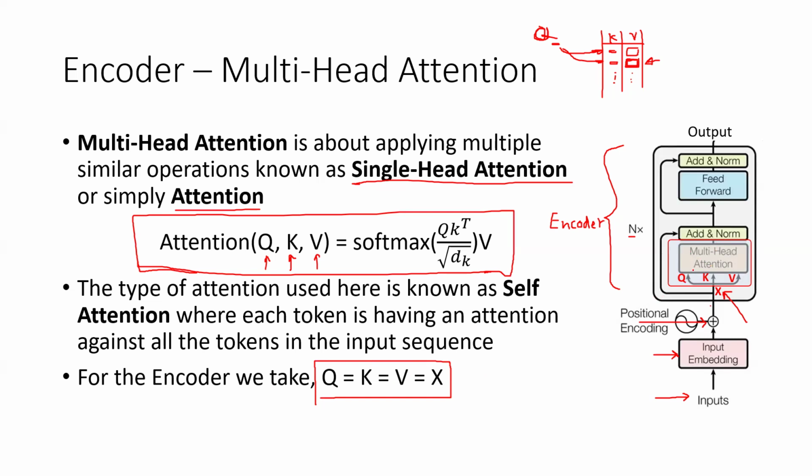In the multi-head attention, you can see there are 3 inputs, and these 3 inputs correspond to query, key and value. In the encoder, all 3 are equal to x.